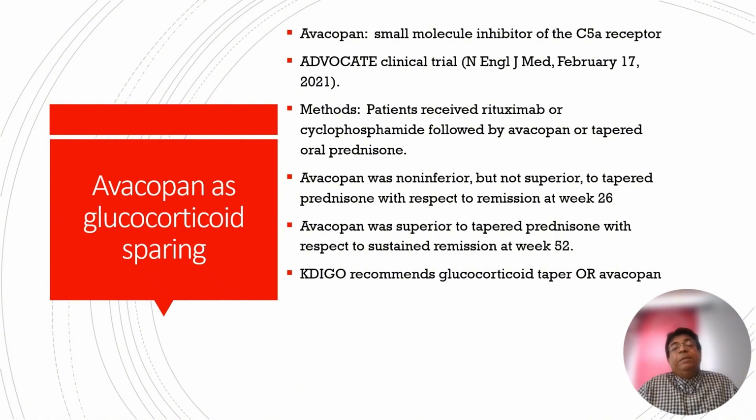Newer treatments include avacopan. Avacopan is a small molecule inhibitor of the C5a receptor. So as I mentioned, you would expect pauci-immune glomerulonephritis in patients with ANCA vasculitis, and this might be seen as an indication that immune complexes or complement is not important in ANCA vasculitis.